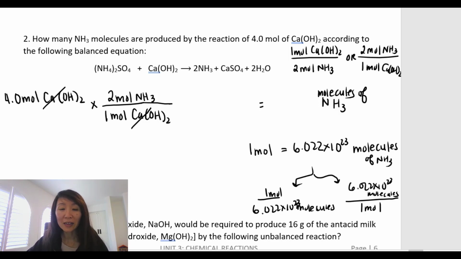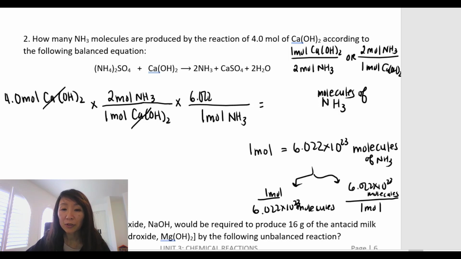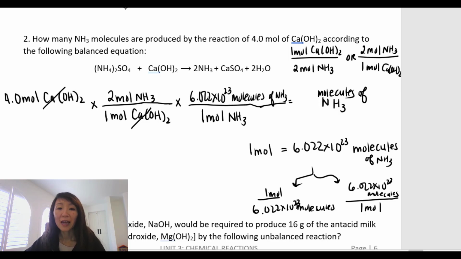Because we need to cancel out the moles, we're going to put the one that says moles on the bottom: 1 mole of NH3, and 6.022 times 10 to the 23rd molecules of NH3. The mole to mole cancels out.